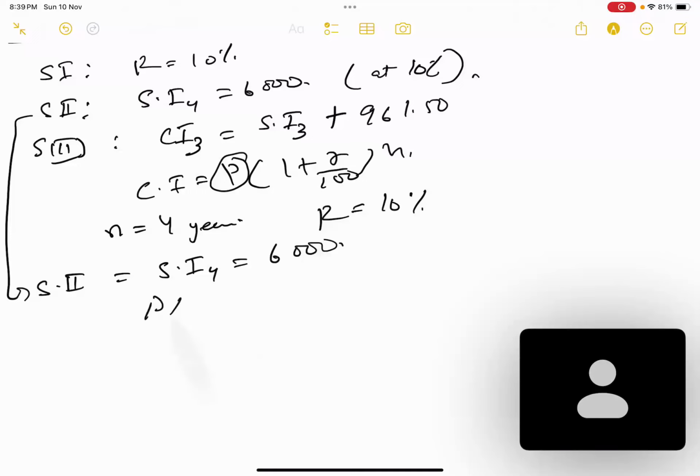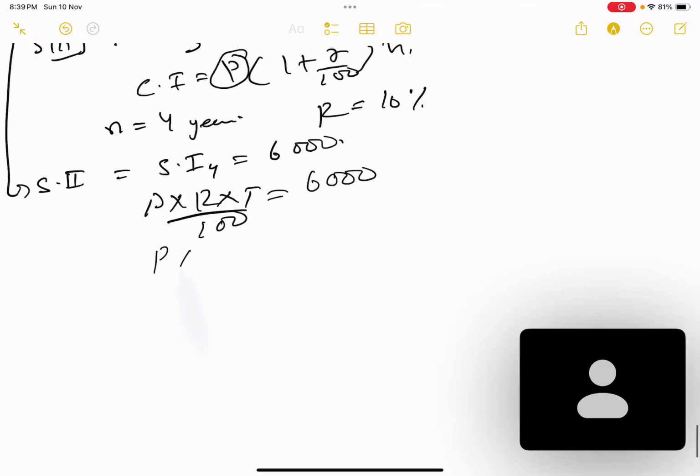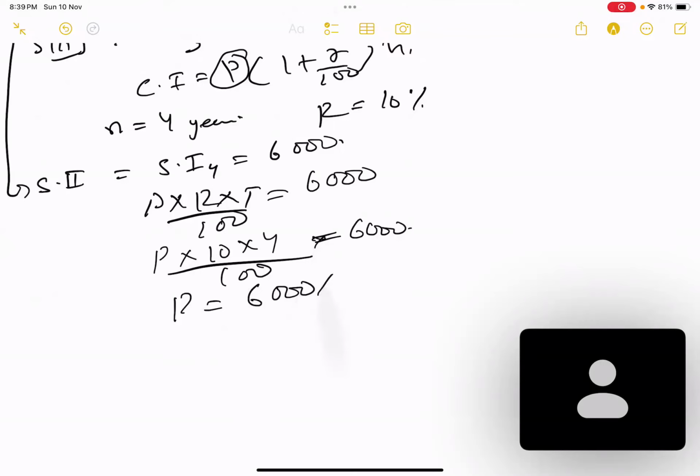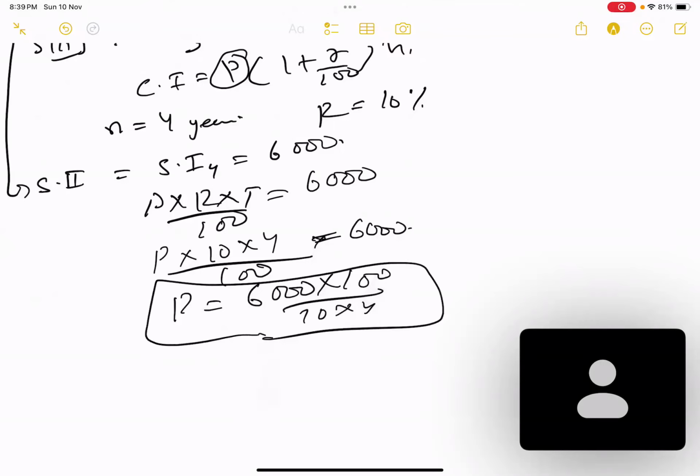That is P into R into T by 100 is equal to 6,000. Principal into rate is how much? 10 into 4 by 100 equal to 6,000. So principal is 6,000 into 100 by 10 into 4. So this is the value of principal that you find.